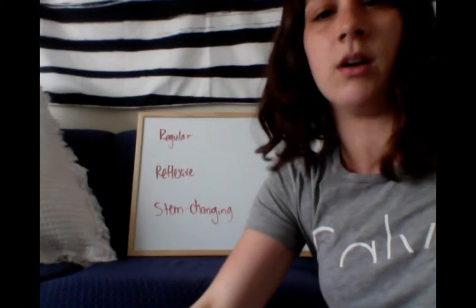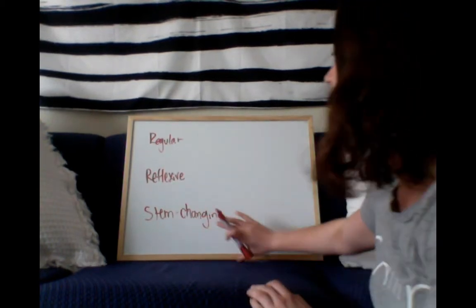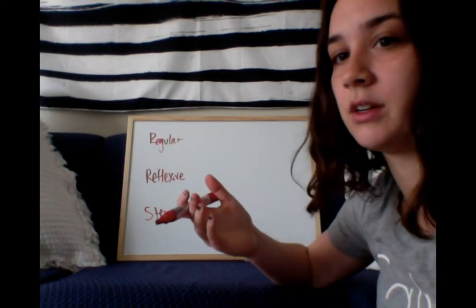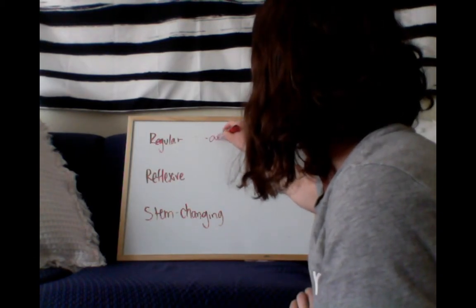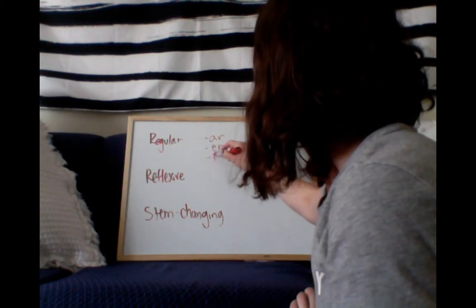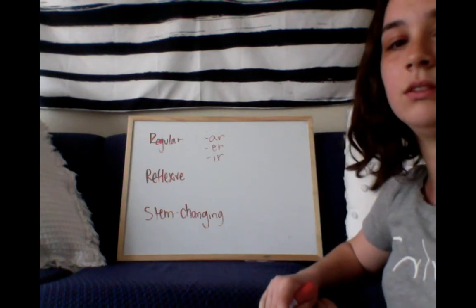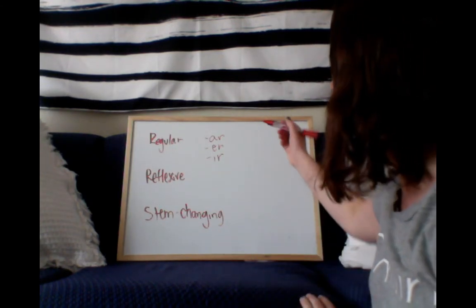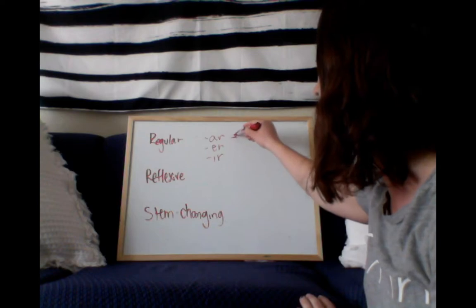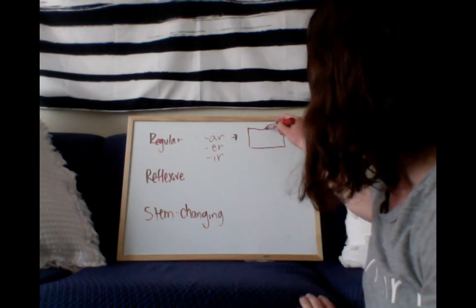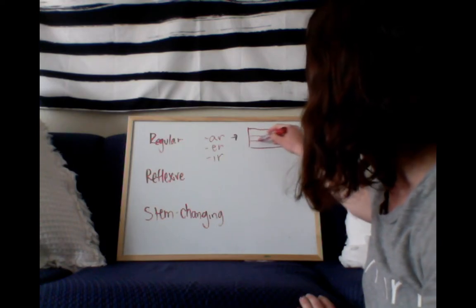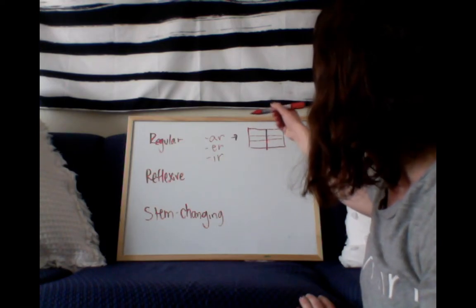Regular verbs, well, we've already talked about these for most of the semester, right? These are when we have regular endings for AR, ER, and IR. That's when we have the normal rules. For example, for AR verbs, we remember we always have that chart, and we have the endings.